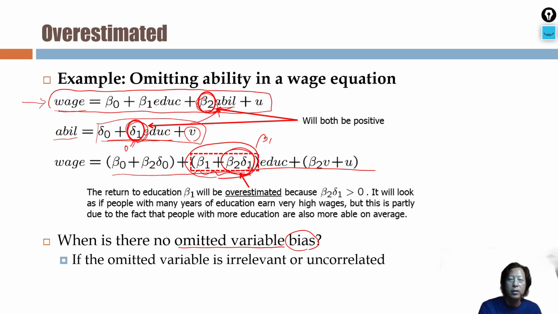Since this is 0, even though beta 2 is not 0, this product will be 0, and beta 1 remains the same. So either this is a totally irrelevant variable, or it is completely uncorrelated with the other variable, then it will not be biased.